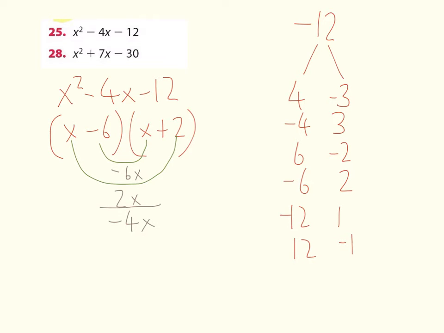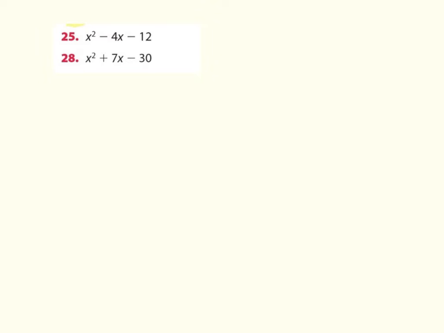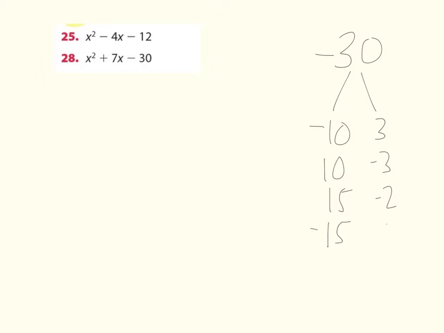Okay, if we want to look at the second one then, I'm just going to rub out the factors on the right hand side. Now we look at our second one, and we have a minus 30, the last number. Factors of minus 30: minus 10 and 3, 10 and minus 3, 15 and minus 2, minus 15 and plus 2.